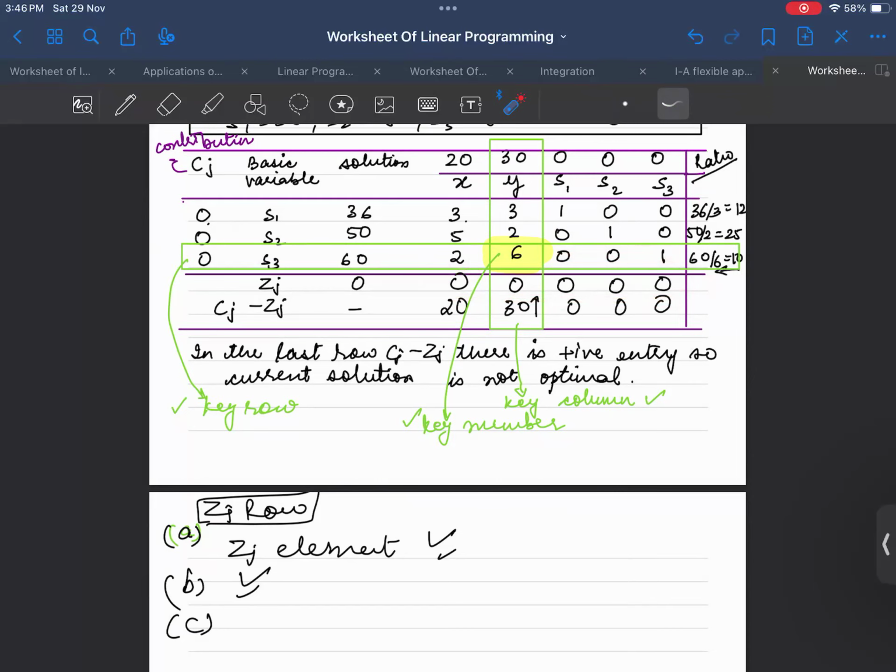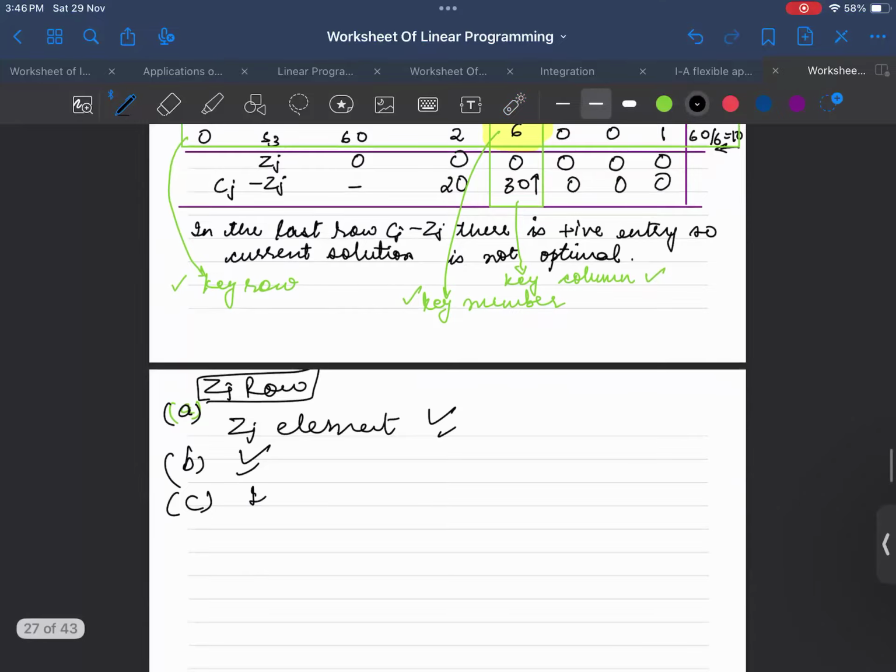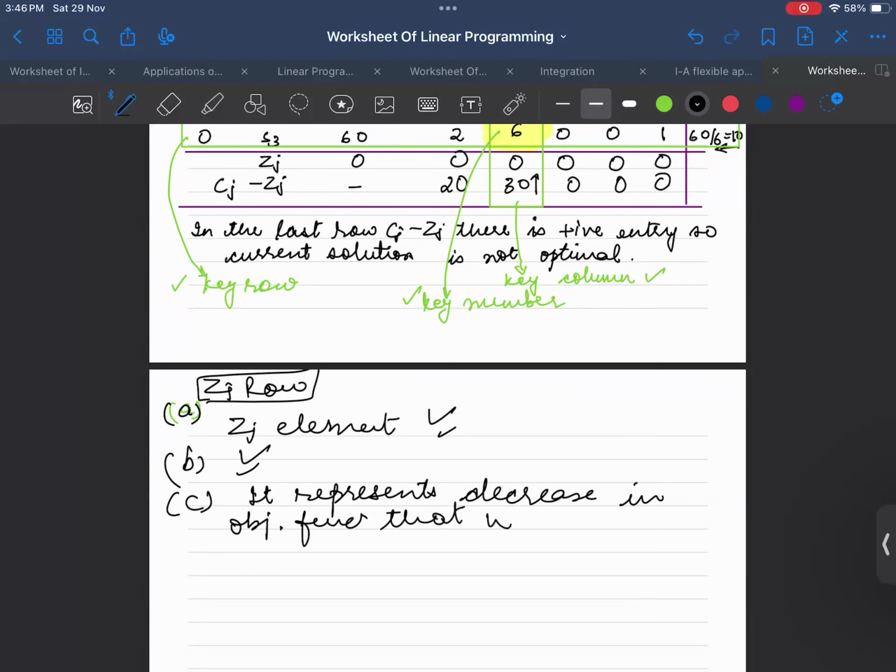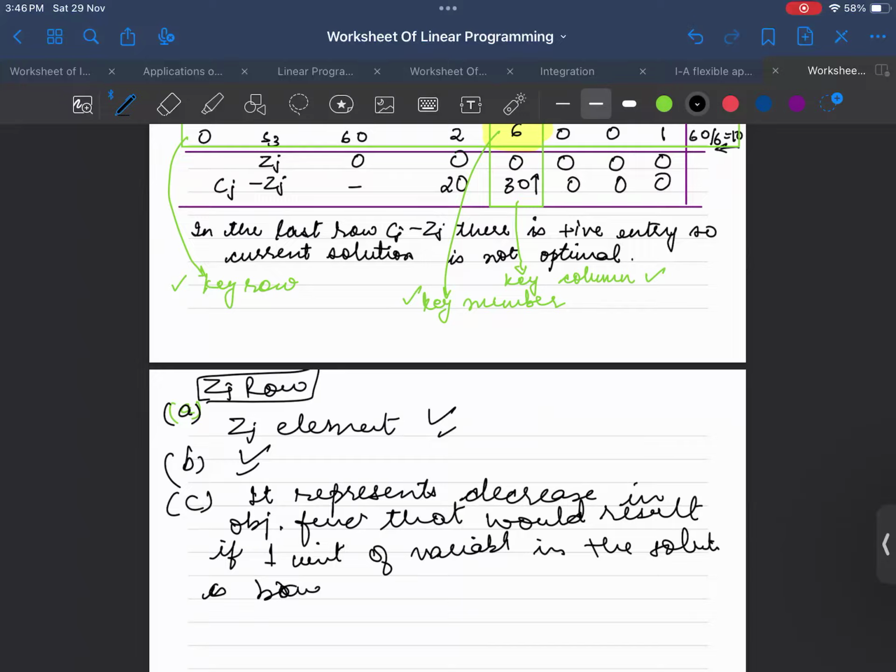It represents the decrease in the objective function that would result if one unit of a variable in the solution is brought into the solution.